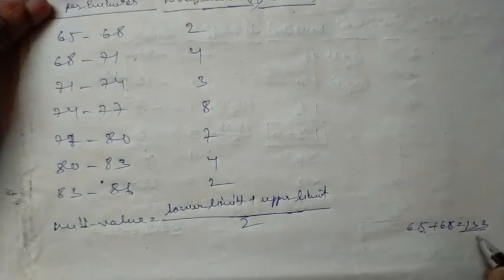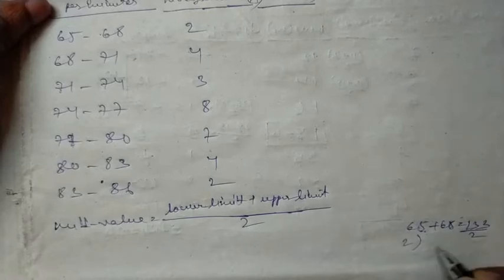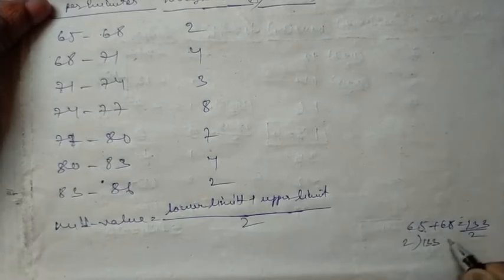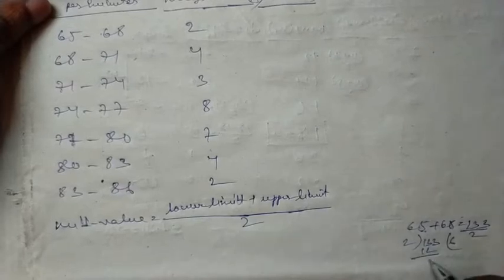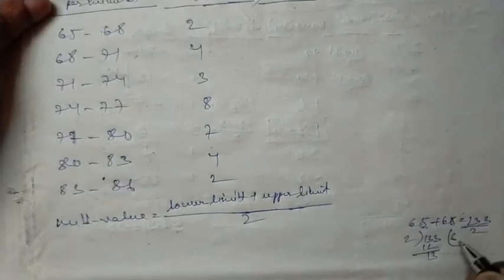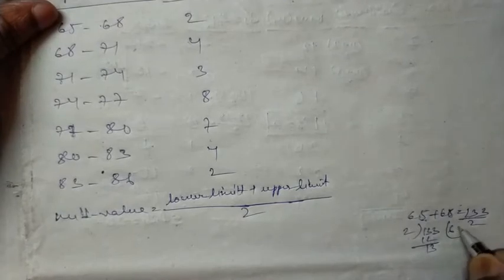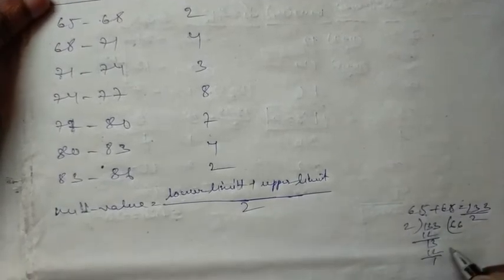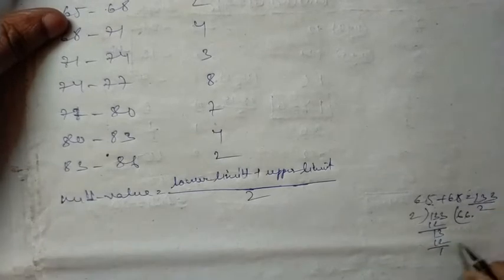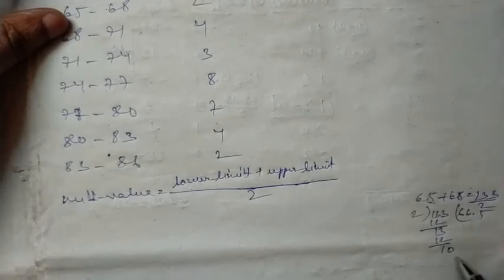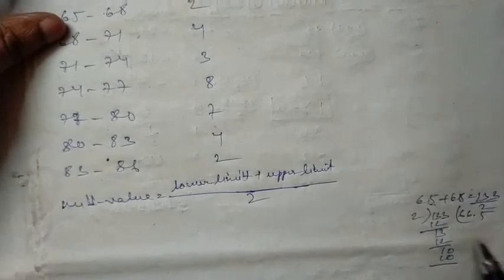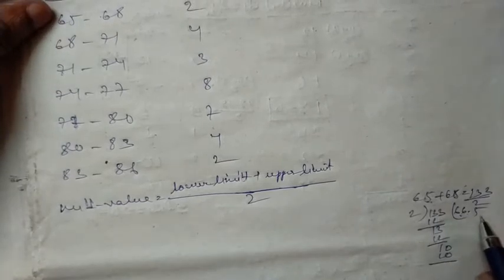So 133 divided by 2: 2 sixes are 12, 1 3, then we put a decimal, 2 fives are 10. So we have got 66.5.